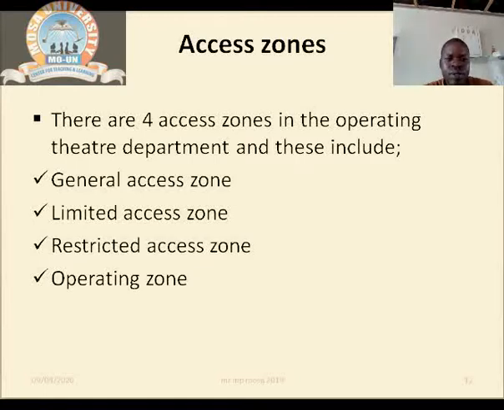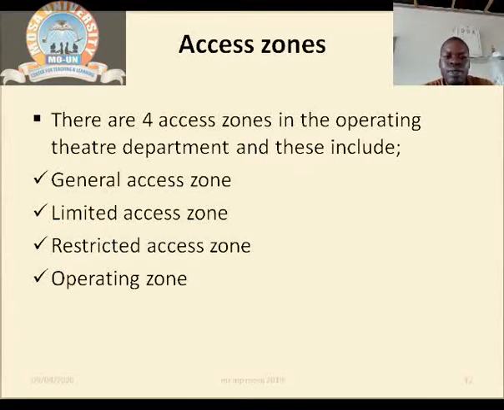The third zone is the restricted access zone. This is an area which is accessed by people who are in the operation room. I can give an example. In theater, you may have about 3 theaters: theater 1, theater 2, and theater 3.